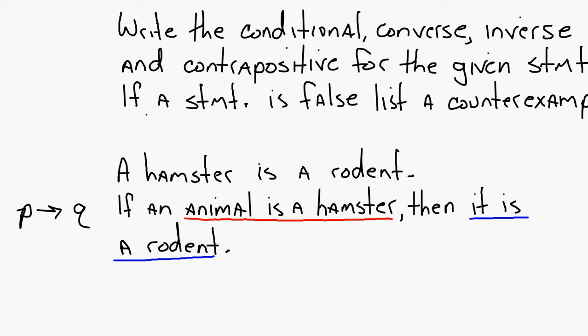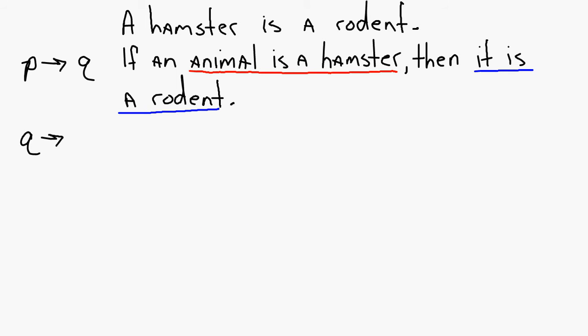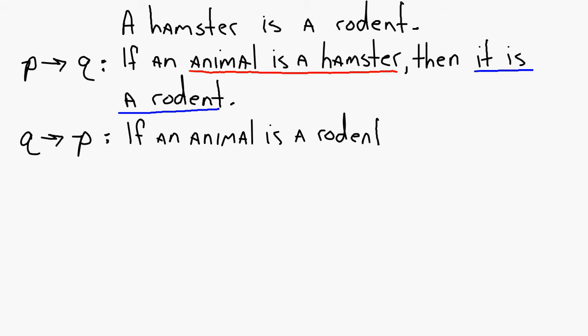So we're going to write the converse, and that's when you switch the original hypothesis and conclusion. It's still going to be in if-then form. So we're going to say if an animal is a rodent, then it is a hamster.